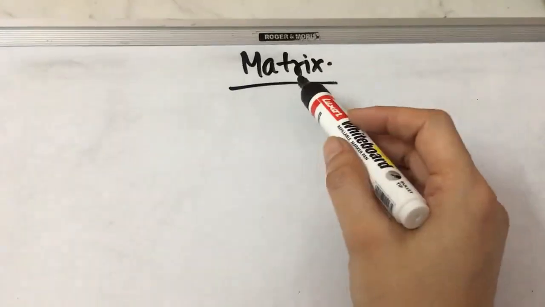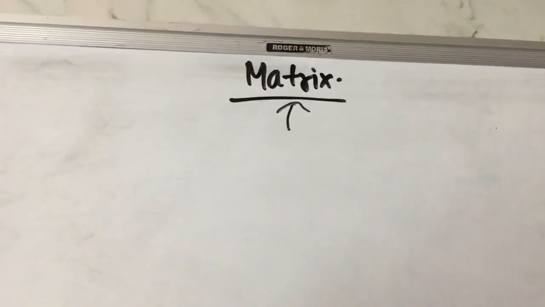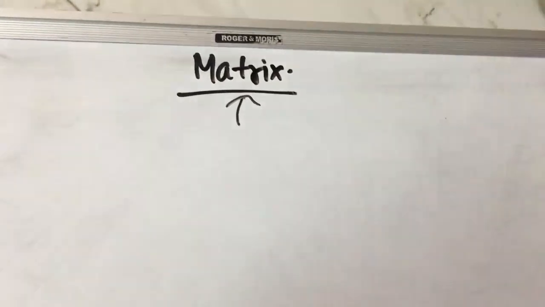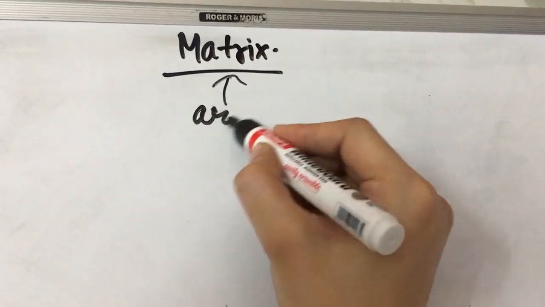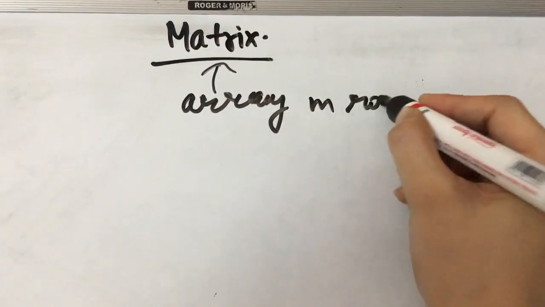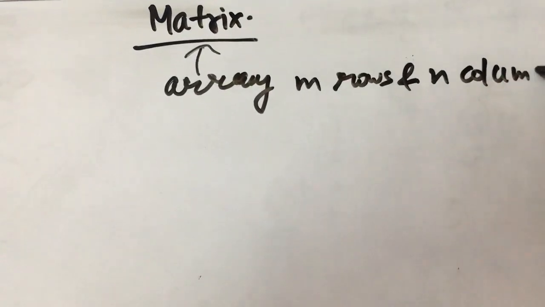Today in this video we will study the basic concept of matrix. So the first thing is, what is a matrix? A matrix is an array of m rows and n columns.